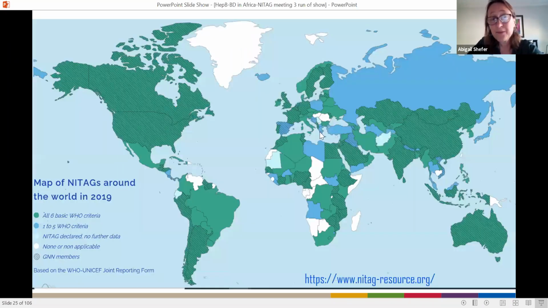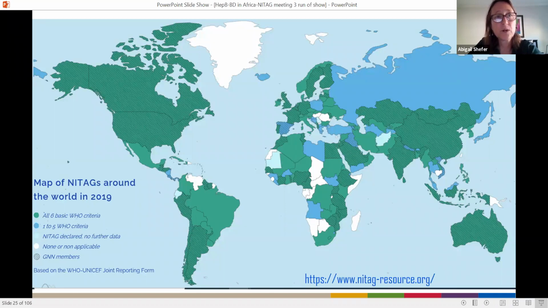Thanks. So here we see a map of countries that have NITAGs in 2019, so our most recent complete data, and that have met some or all of the current WHO NITAG functioning criteria. And this map is actually taken from the NITAG Resource Center, which is a really great resource, and the link is noted on the slide. There's a lot of information on this resource center.